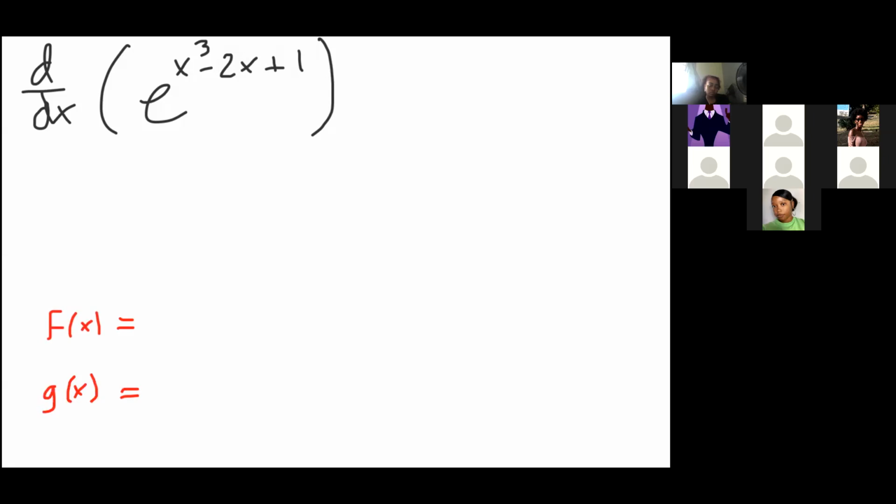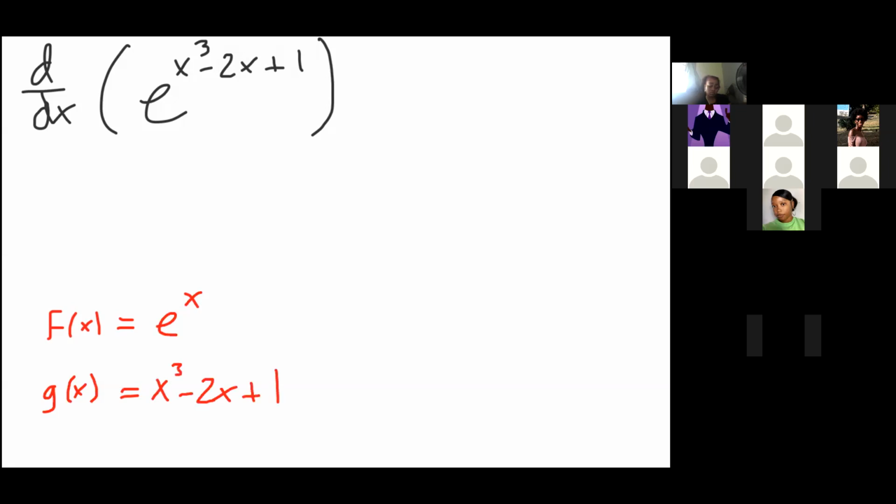Yeah. Outer function is e to the x. Because then what am I plugging into the exponent of e? Well, x cubed minus 2x plus 1.